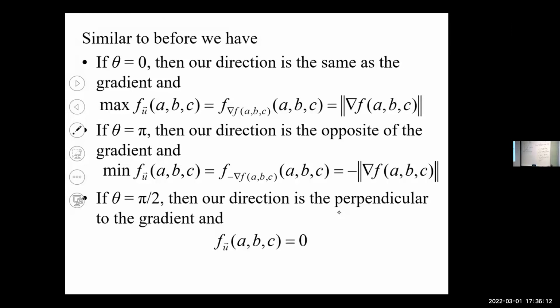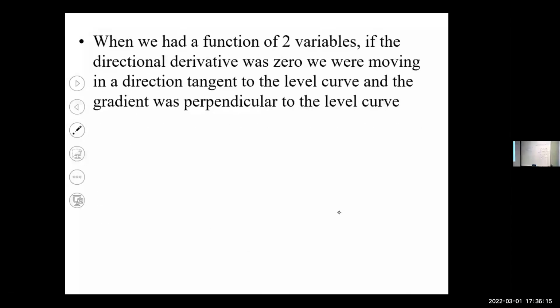Now, here's one last thing I want to talk about. And we're going to take a look at why this is kind of interesting here in just a second. So when we had a function of 2 variables, the directional derivative is 0 if we're moving in a direction tangent to a level curve, right? We've talked about that because then there's no rate of change. We're not changing height, right? It's kind of like if you're going on a trail around a mountain, if that trail doesn't go up or down, you have no rate of change.